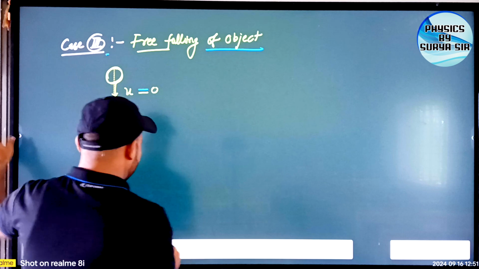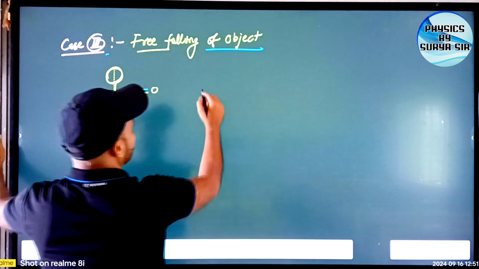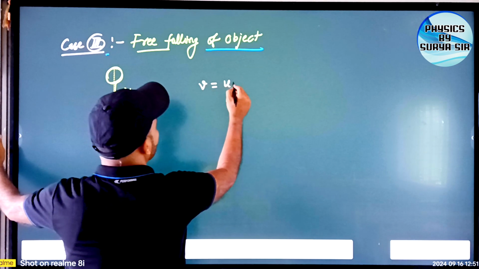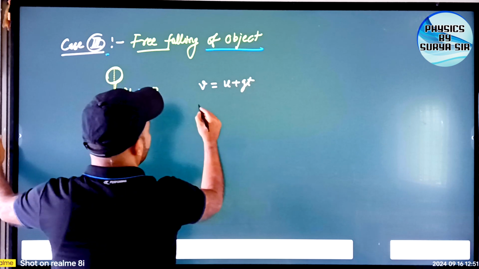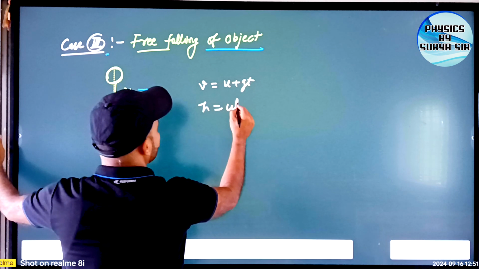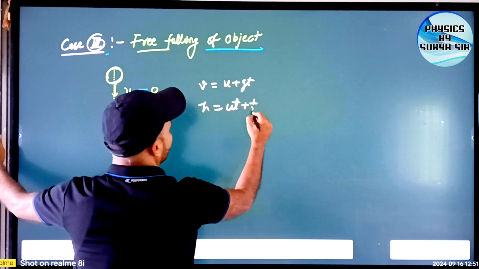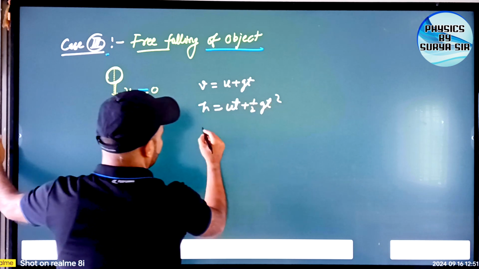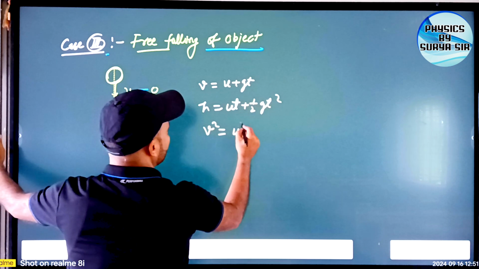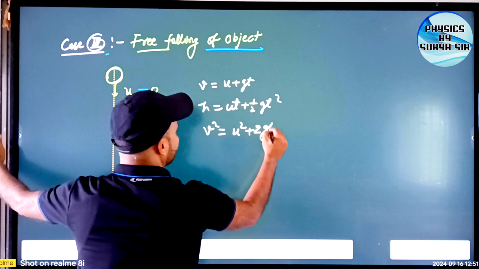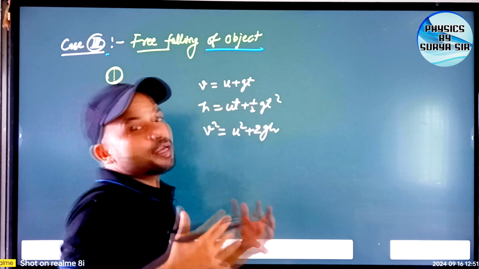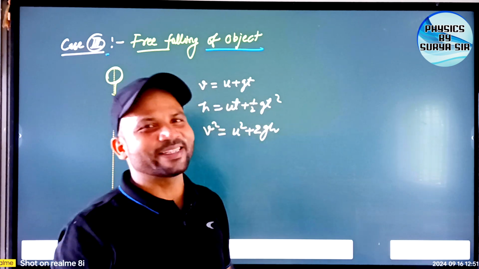So what will be the equations? Already we have V is equal to U plus GT, H is equal to UT plus half GT square, V square is equal to U square plus 2GH. These were the equations when the object has some initial velocity.